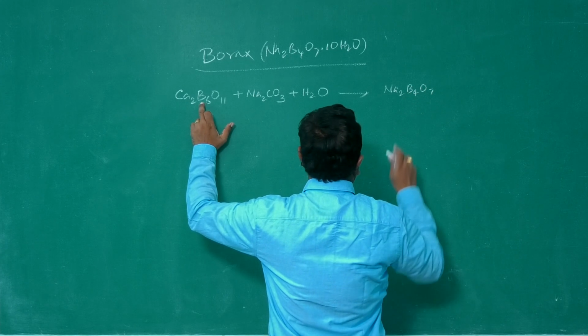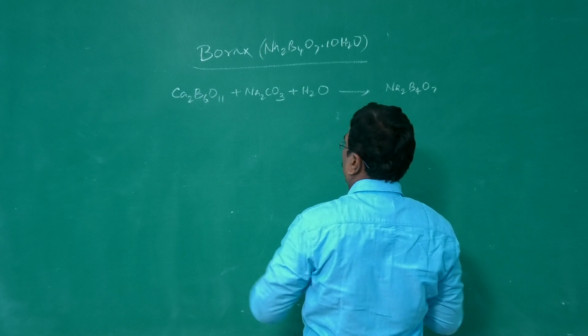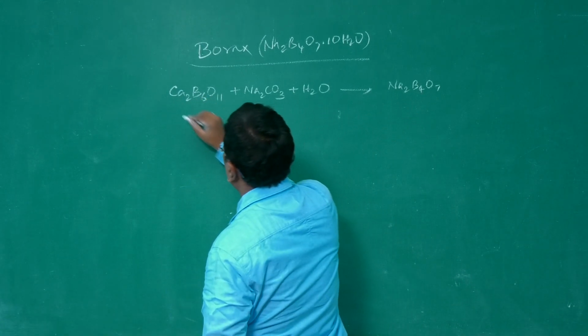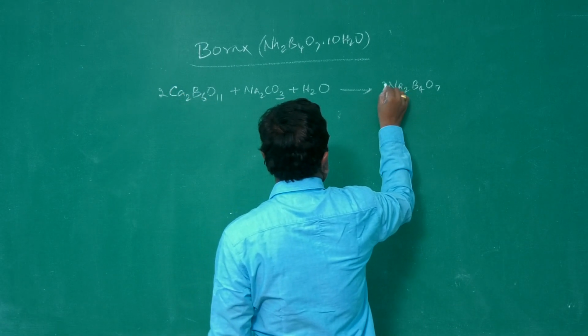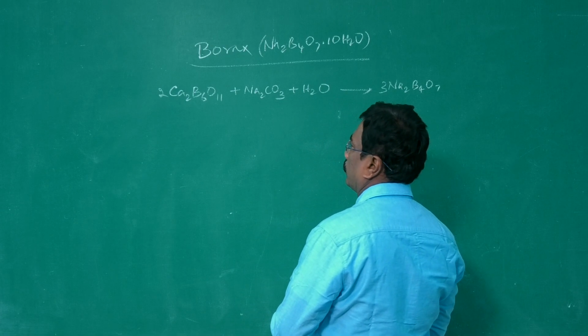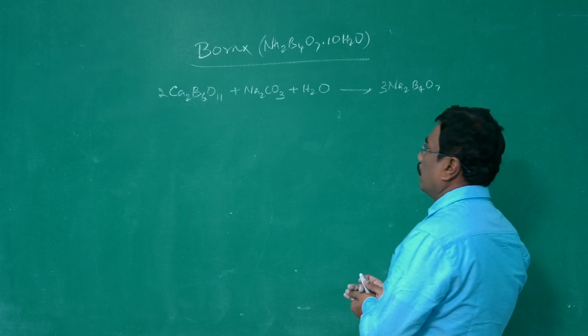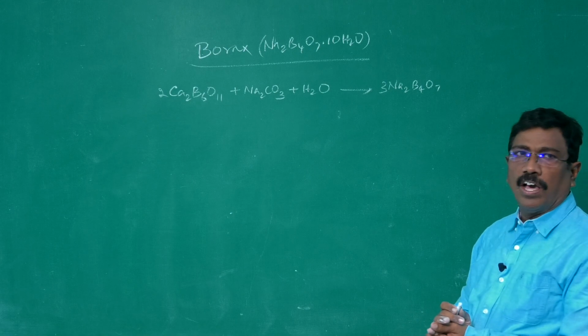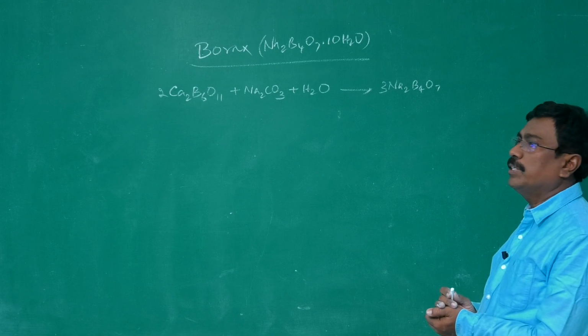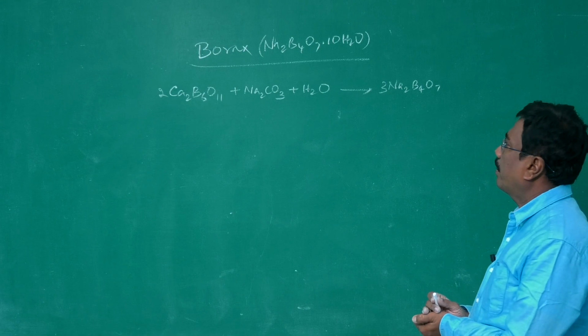Here we have 6, here we have 4, and therefore we have to take the LCM, 12. And then apart from this borax, we also get calcium carbonate and calcium hydroxide.